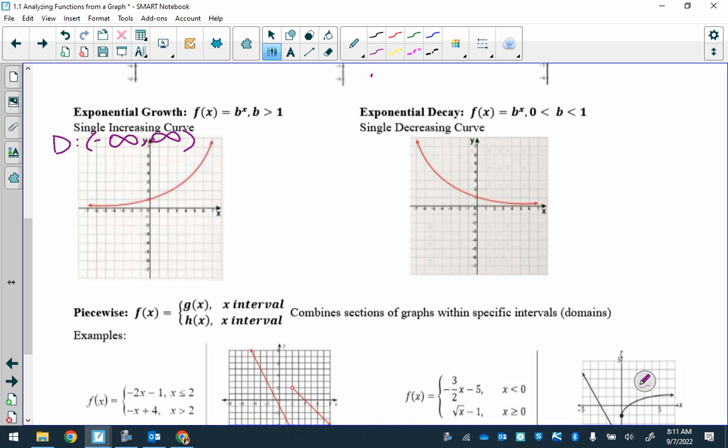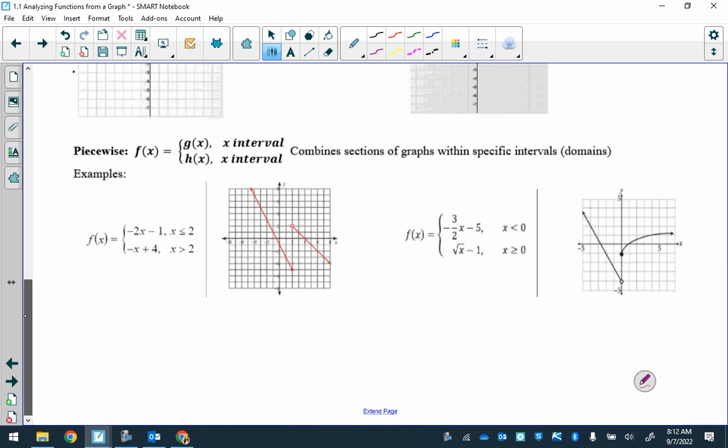In these two cases, it will never cross 0. Does anyone remember the name of that? It is an asymptote. So the range here, since it's approaching 0, is 0 to infinity, with a parenthesis, because it's getting very, very close to it, just never crossing it. And the same thing applies for exponential decay.